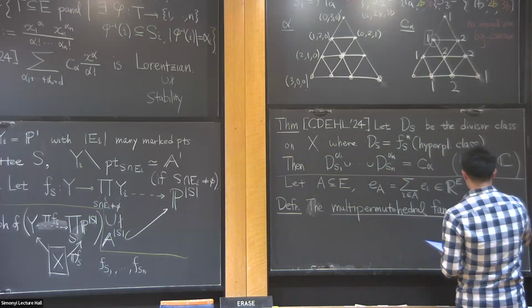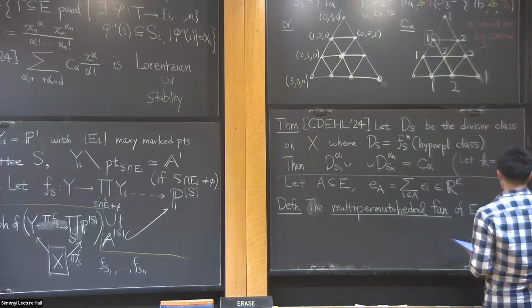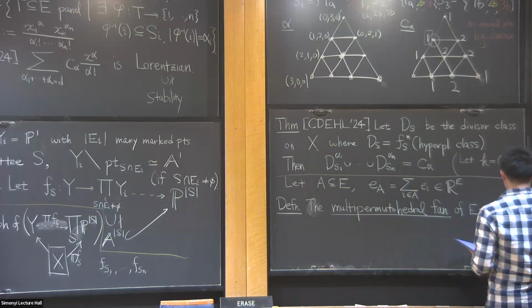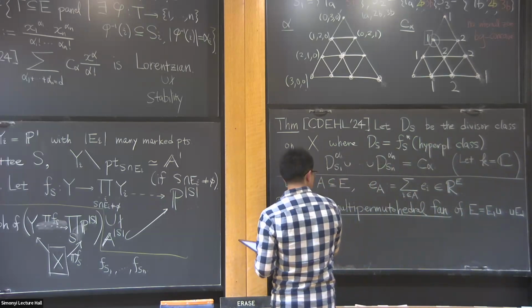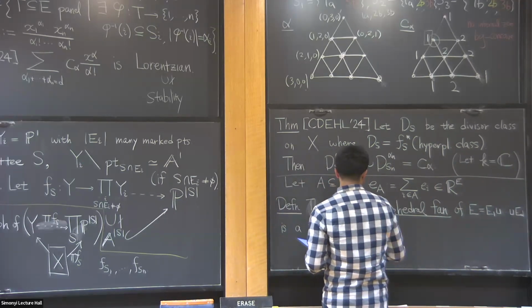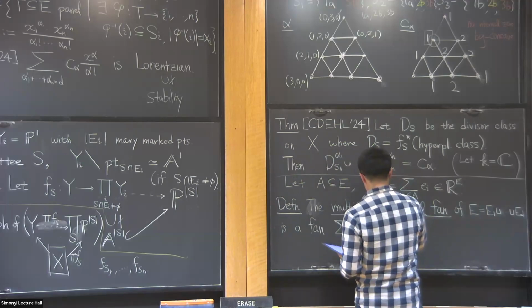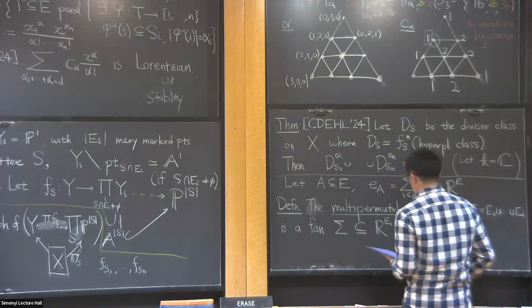Of the data of the partition of E as before into, let's say, d-many parts, it is a fan sigma that sits inside a product of real spaces.